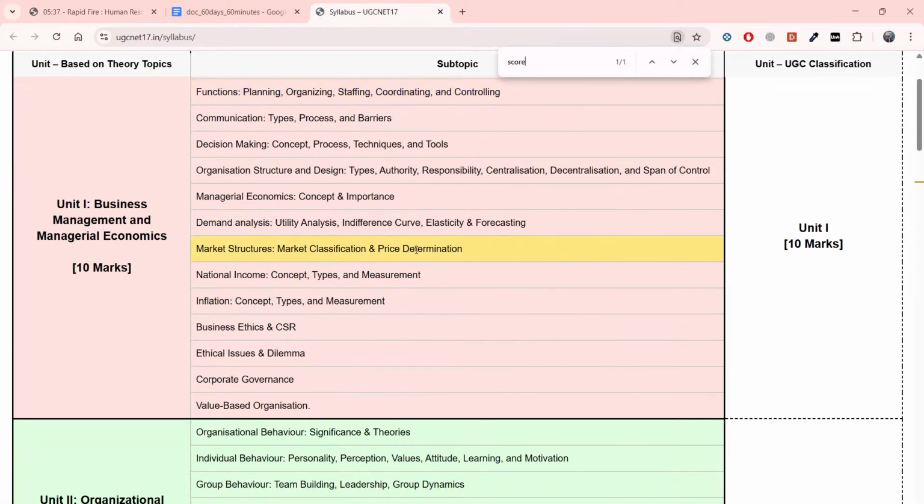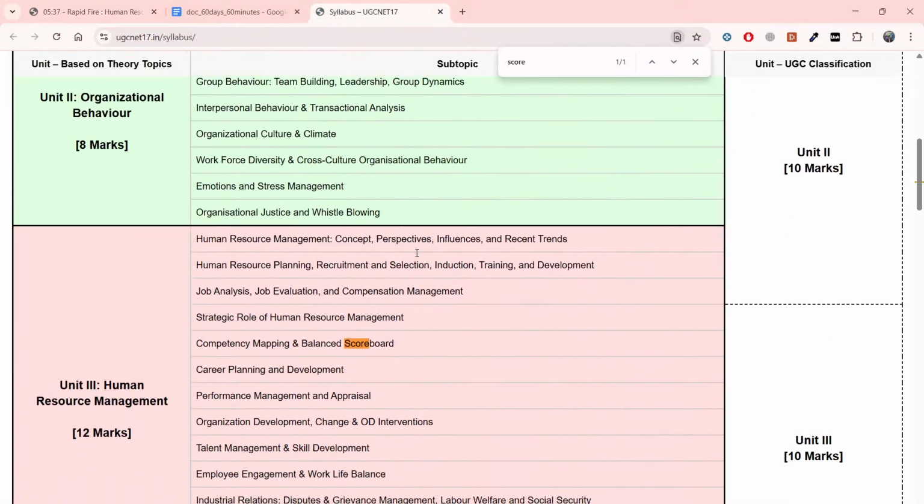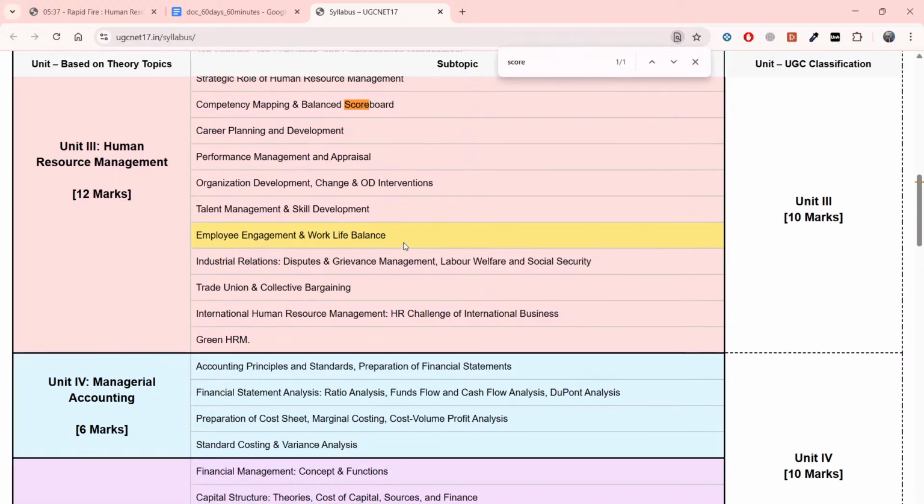Let us see the syllabus. So human resource management is almost 12 marks, we'll see.